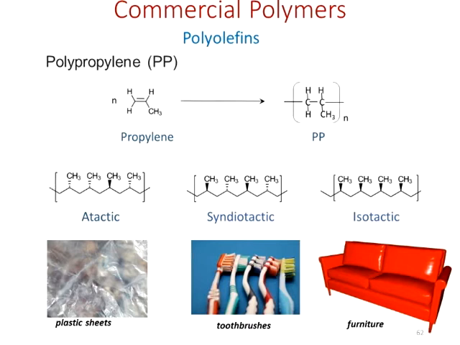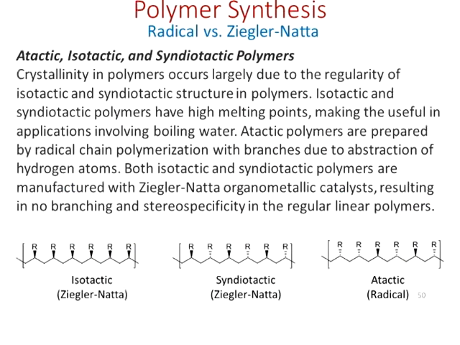If you see these plastic sheets that construction workers like to use to cover things while they're waiting, or something of that nature, that's probably just a regular polypropylene made from a radical polymerization process to make the atactic polymer, which is just used for general purpose applications.